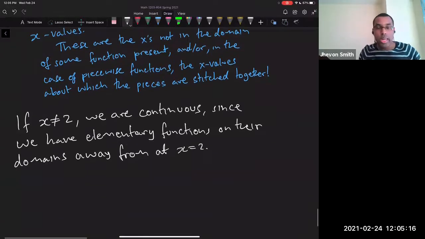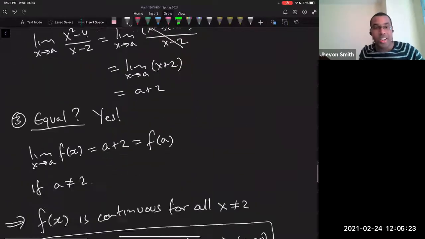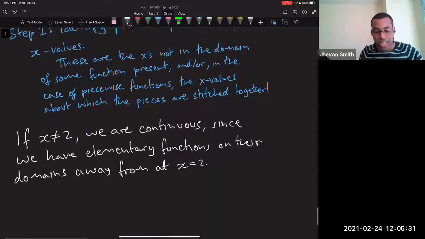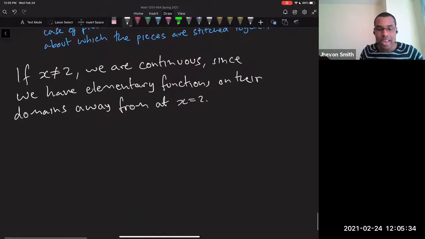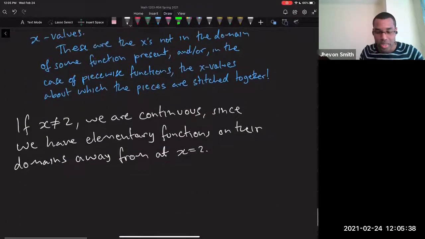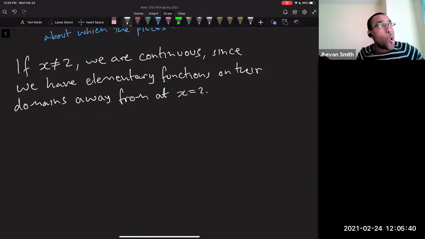Okay, so now notice what I'm doing here. I'm literally doing the opposite of what we're doing up here, in the sense that up here, I had to just pretend I'm looking at some random real number and I need to know how this is behaving. But here, because I know that these guys are elementary continuous functions and I know where they work and where they don't, I can essentially eliminate all other real values other than the one that I care about, the potential issue.